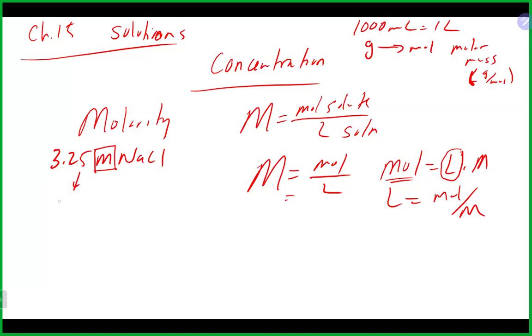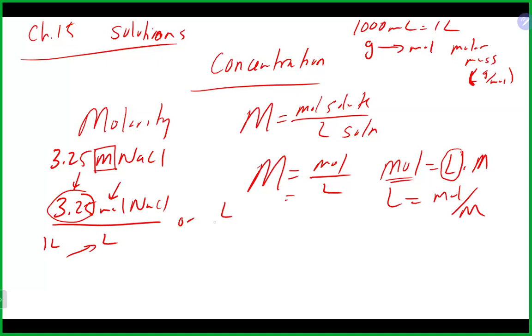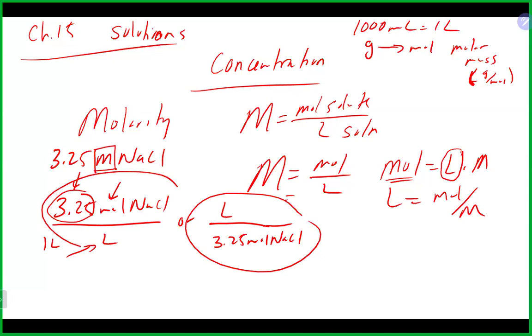So when you have something like 3.25 moles of sodium chloride per liter, the number always stays with the moles part, and it's always 1 liter. You can use that as a conversion factor. You can put the liters up on top and the 3.25 moles of sodium chloride on the bottom.